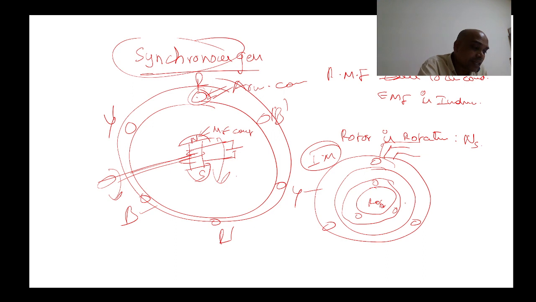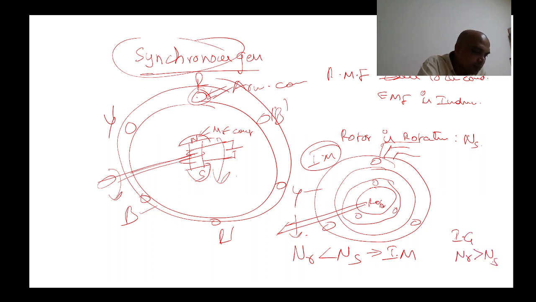But what is the difference between the induction motor and the induction generator? In an induction motor, the rotor speed is less than synchronous speed. But in an induction generator, the rotor speed is greater than synchronous speed.